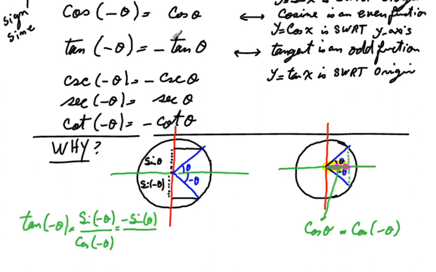Cosine of negative theta, we just mentioned, is same as cosine of theta. So this is minus sine over cosine. Now sine over cosine is just tangent. So in this type of reasoning, you see I start from one side, I go through some intermediate identities I know about until I arrive at the other side, which is what presumably I wanted to show.